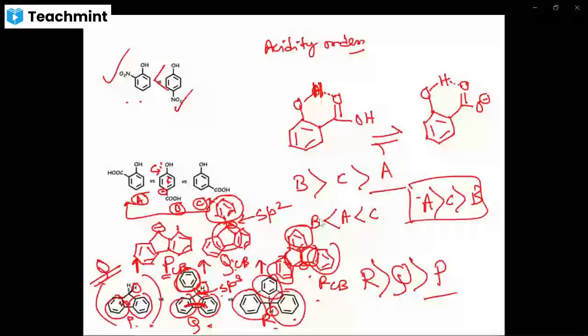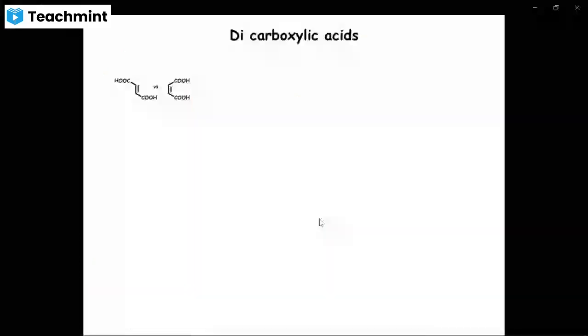Okay. So now, what about dicarboxylic acid? If you talk about simple dicarboxylic acids, let's say COOH and CH2 COOH, what is the name of this acid?